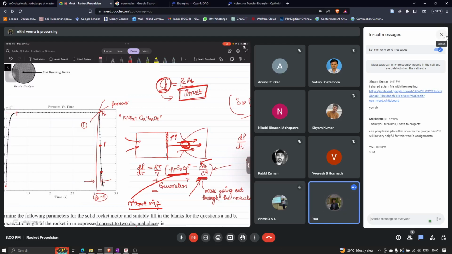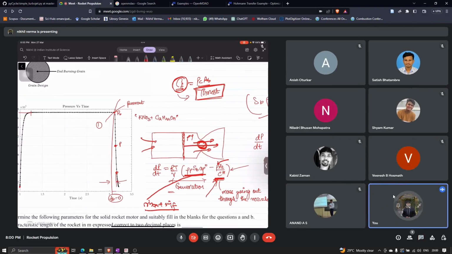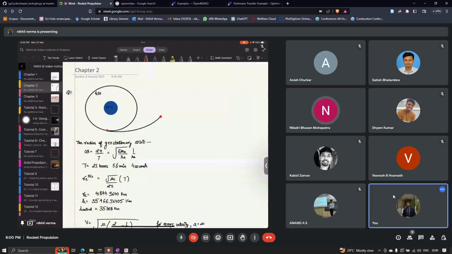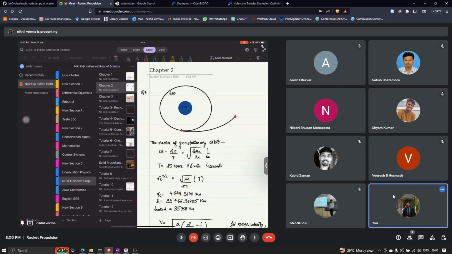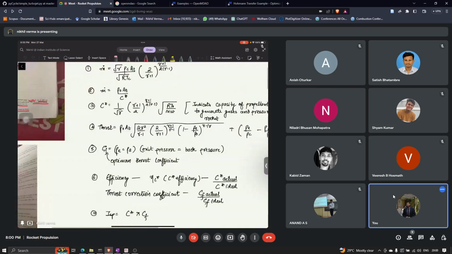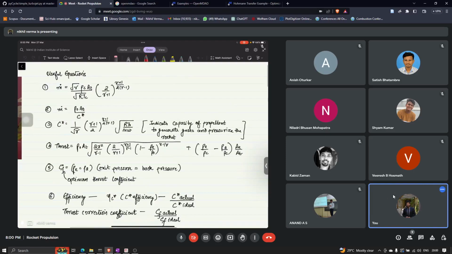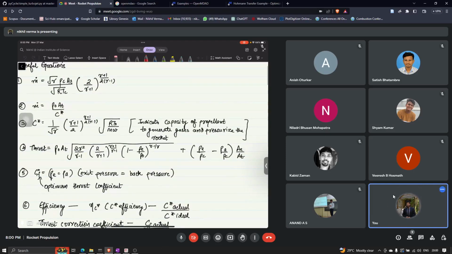Okay, so let us look into the equation for CF. So your CF is this part, right? We just have to divide this by P naught AT.